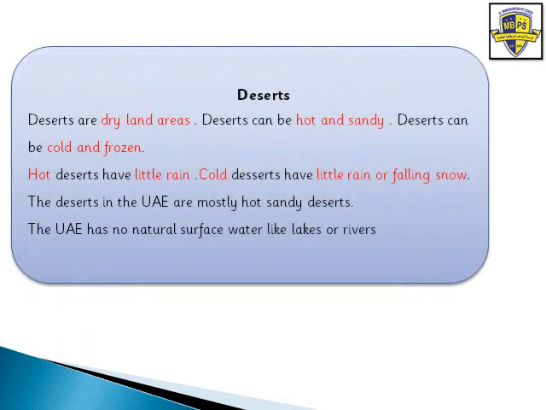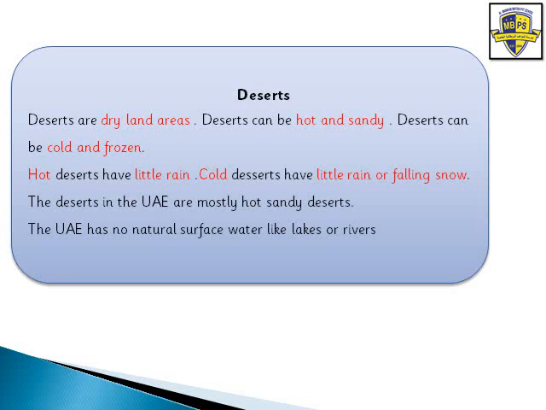So, deserts are dry land areas because there is little rain. Desert can be hot and sandy. Deserts can be cold and frozen.